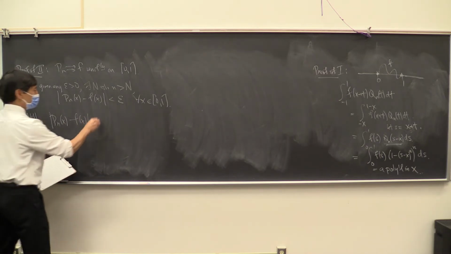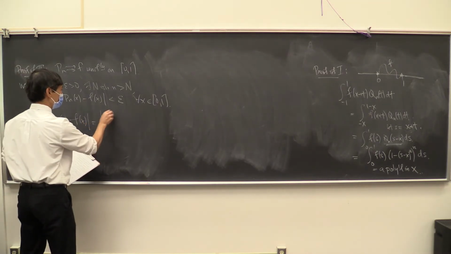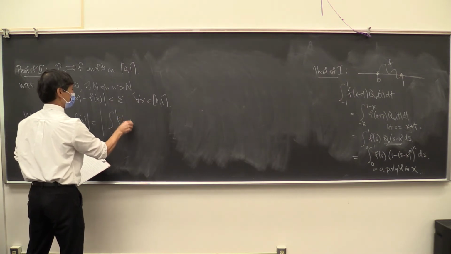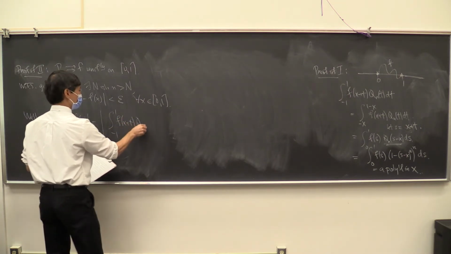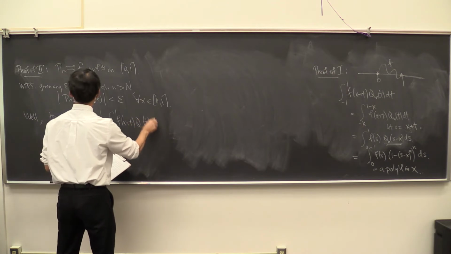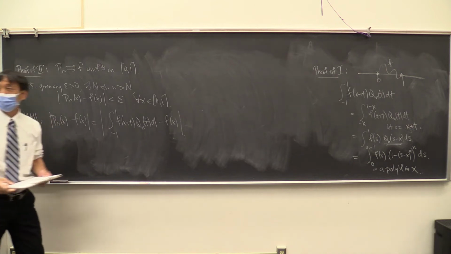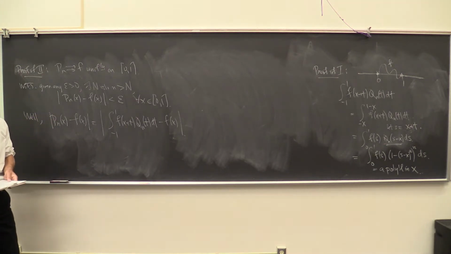What is that? Well, that's just the convolution with Q_n. So that's the integral from -1 to 1 of f of (x plus t) Q_n of t dt minus f of x. Right? Just by definition, that's what that is.